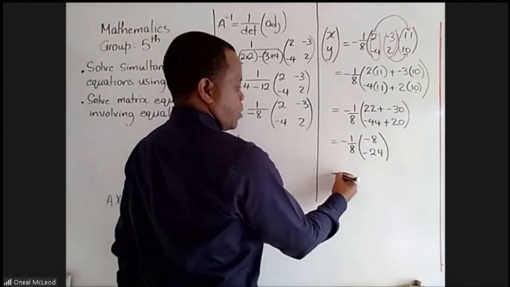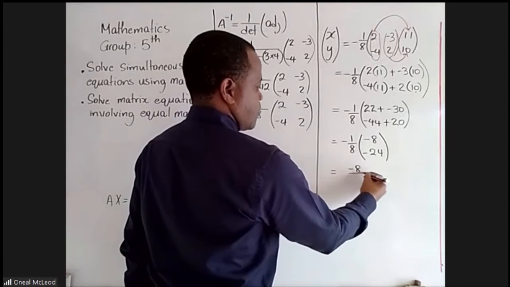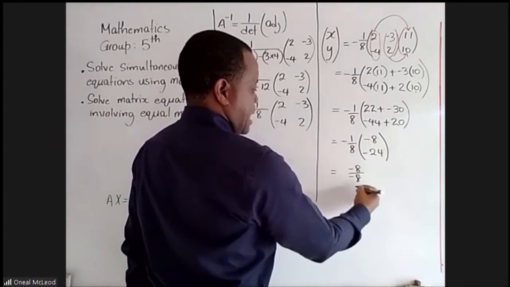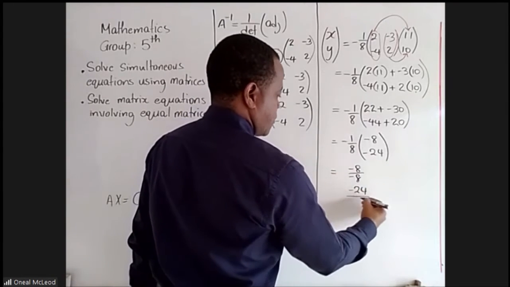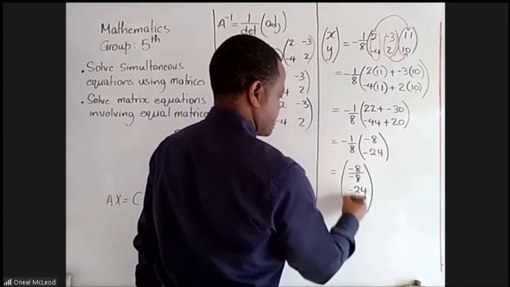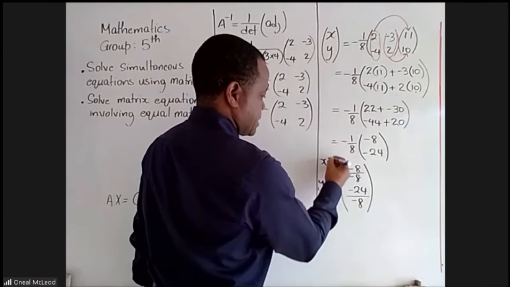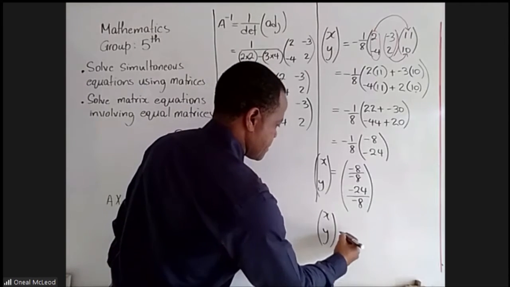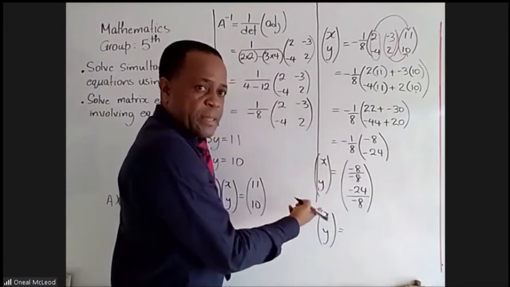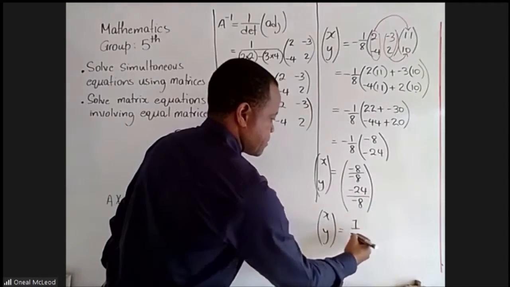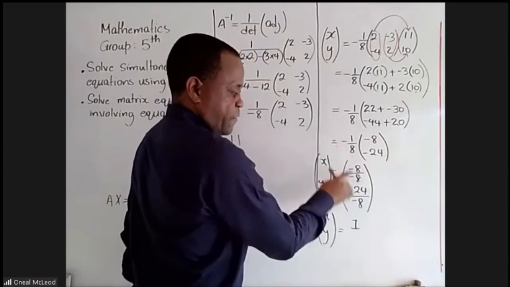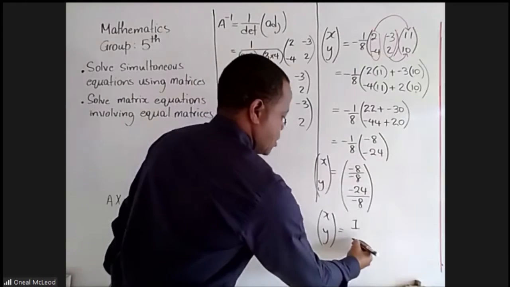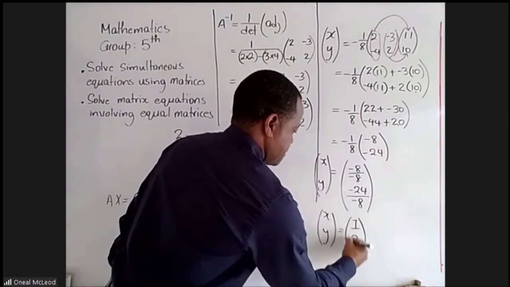So this would work out to negative 8 over negative 8 and negative 24 over negative 8. That's what x and y is equal to. So x, y: negative 8 divided by negative 8 will give us 1, and negative 24 divided by negative 8 will end up giving us 3.